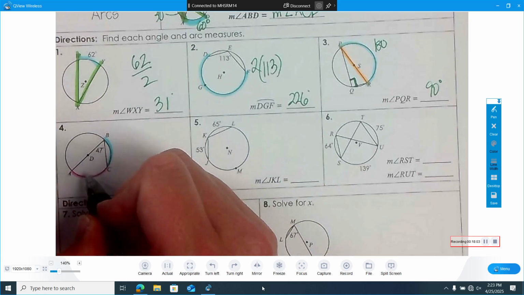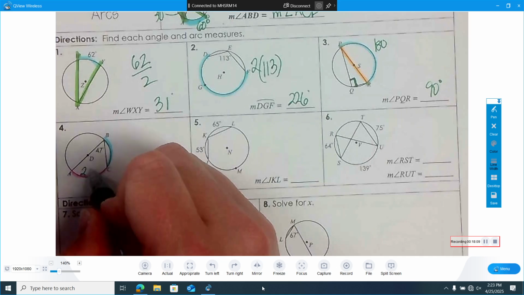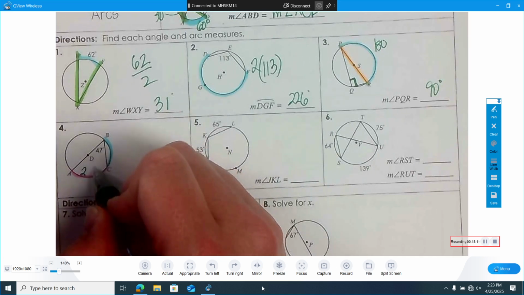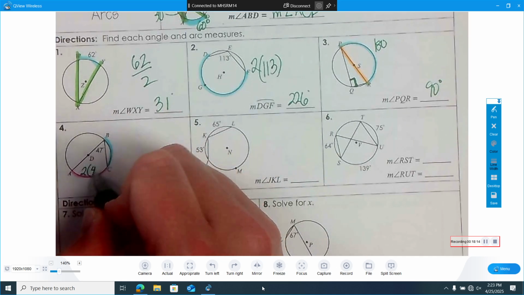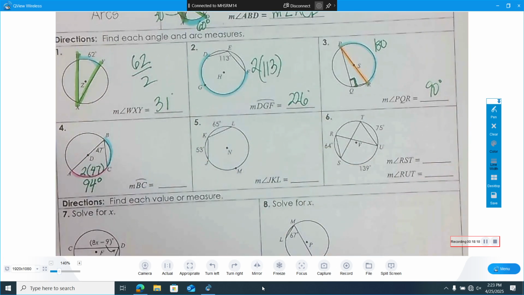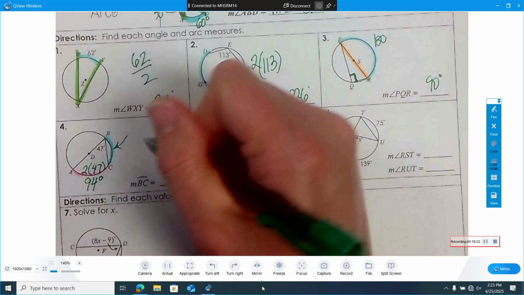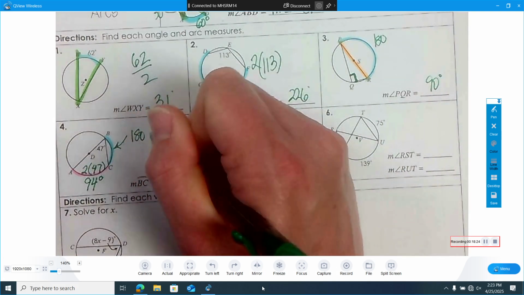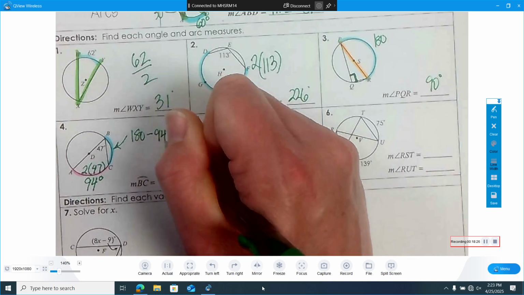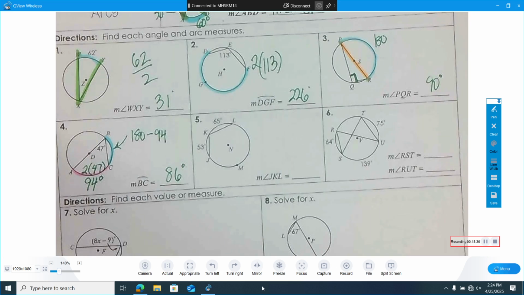Almost. 94. Very good. So, how did we get 94 times by 2? So, twice 47 gives us 94 degrees for the pink arc. And then, so how do we get the blue arc then? 180 minus 94. Okay. So the diameter was important, and that gives us 86 degrees for the blue arc.